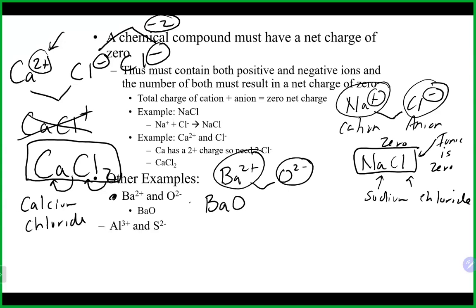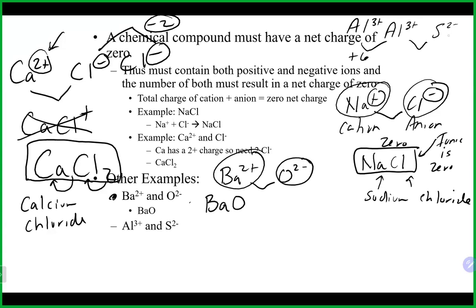If I wanted to put together aluminum that has a +3 charge and sulfide that has a -2 charge, you want to think about a common number between those two. So I have a 3 and a 2. If I multiply those together, that is 6, the common number between them. So to get my aluminum to 6, I need not one of them, but I actually need 2 of them. That will give me a +6.